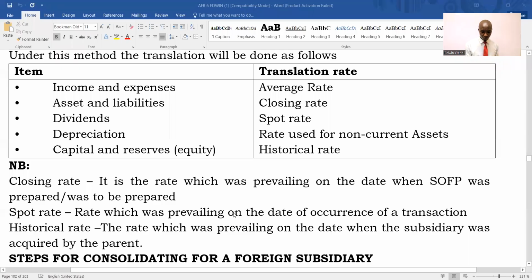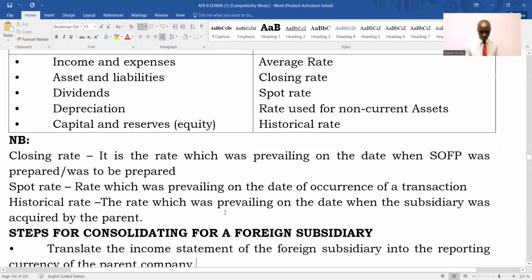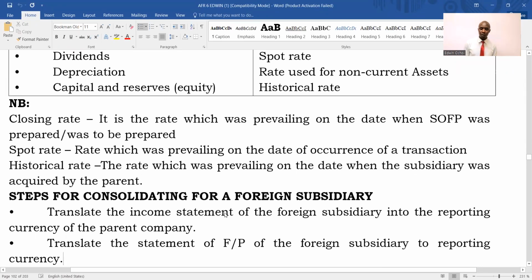For the historical, it is the rate which was prevailing on the date when the subsidiary was acquired by the parent. Subsidiaries are acquired by the parent, so you will be given that rate as at the date when the subsidiary was acquired. That is the historical, the one you use to translate capital and reserves.